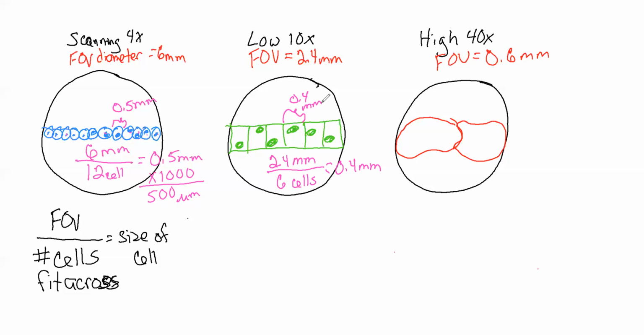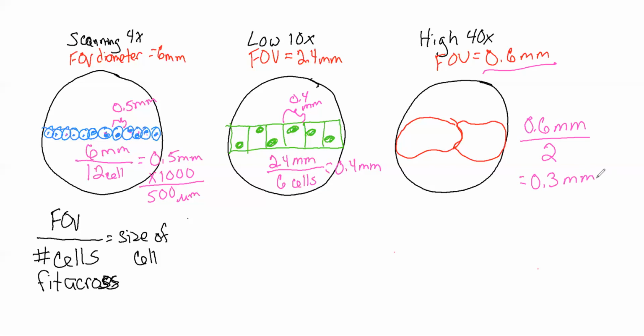And then the last one, under high power, has a field of view of 0.6 millimeters from end to end, and there are just two blobby things here. We'll call them cells. I don't know if they really look like cells, but whatever. My drawing abilities are amazing. So you take your field of view, 0.6 millimeters, divide that by 2, and that will give you 0.3 millimeters.